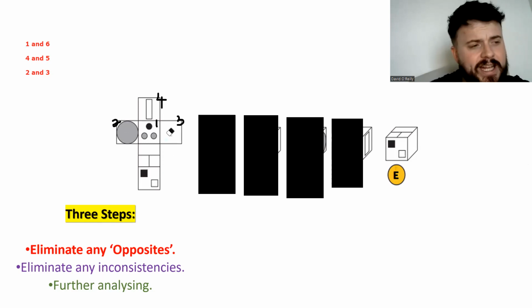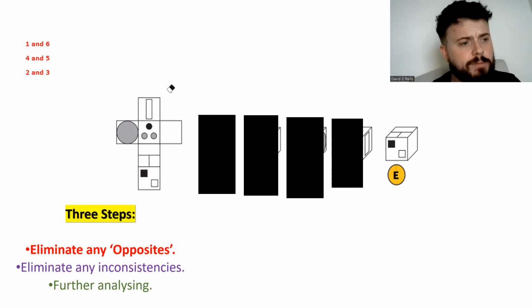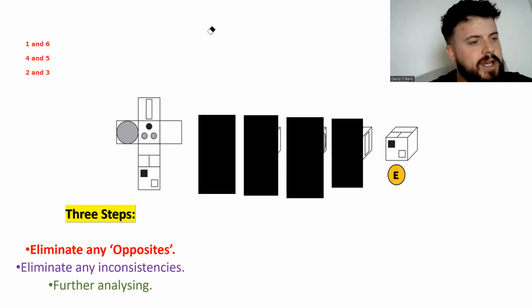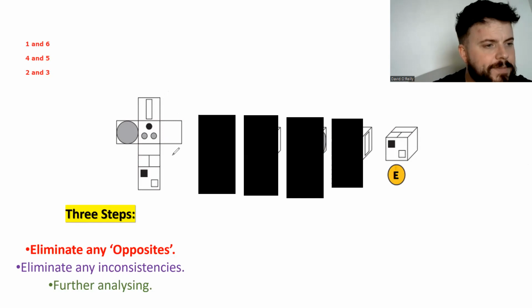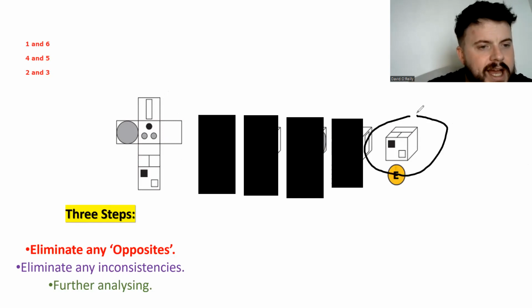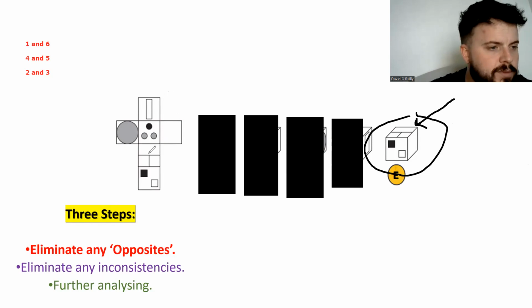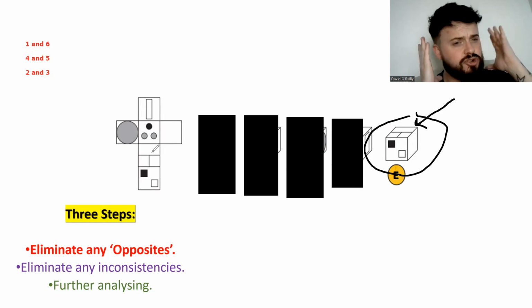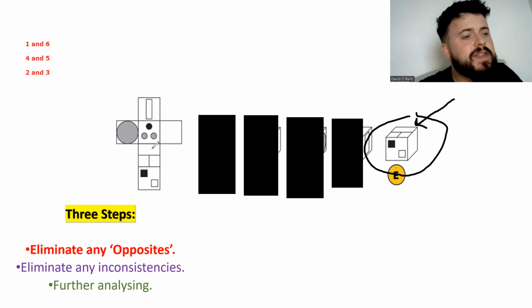It doesn't require any further analyzing because we've already ruled out all the options. But let's just analyze anyway to make sure. So if we consider that this cube here has the number 5 on top, so this one needs to be on top. Now try to imagine this in your head, that this section is flattened down so it's on top.